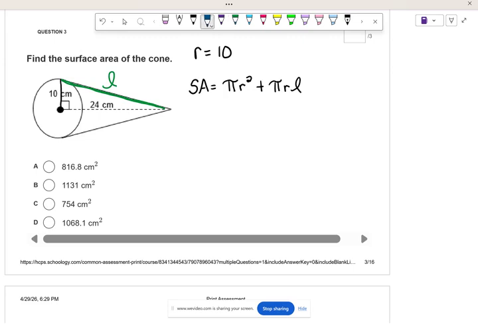Remember, c squared equals a squared plus b squared. We're looking for c, the hypotenuse. I'm going to let a be the 10 and b be the 24. And I'm going to type that in Desmos and get the value of the slant height.